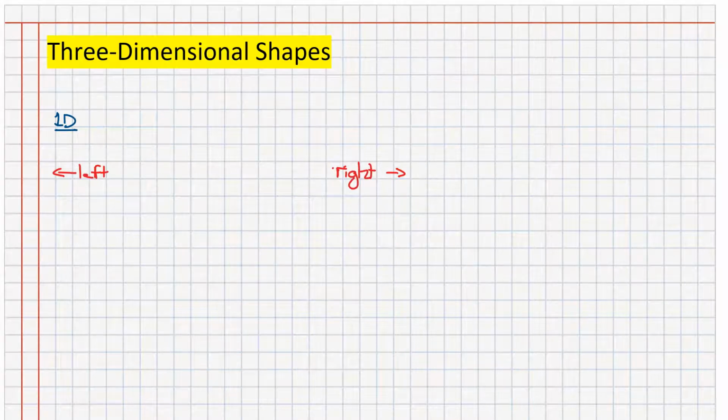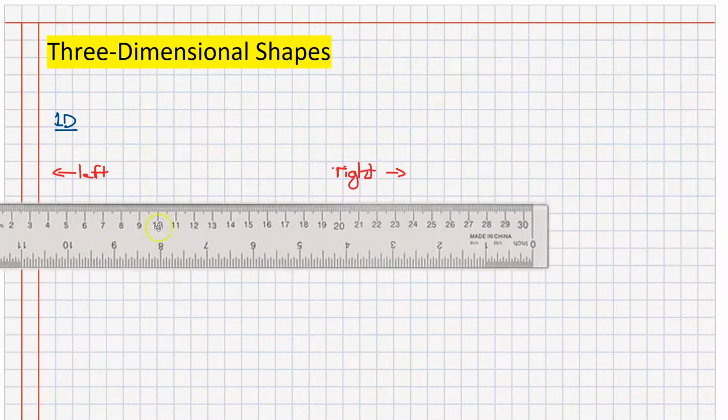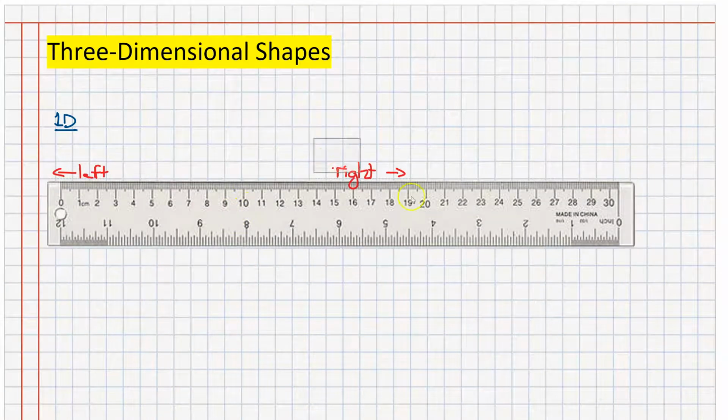Now, effectively, if we can only go to the left or right, what we actually have is simply a ruler, like so. On a ruler, if you hold it out, so long as you don't take your finger off the ruler, you can only move in the left-hand direction, or you can move in the right-hand direction. Or if you had this vertically, you could only move up or down. But you can't leave the ruler itself.